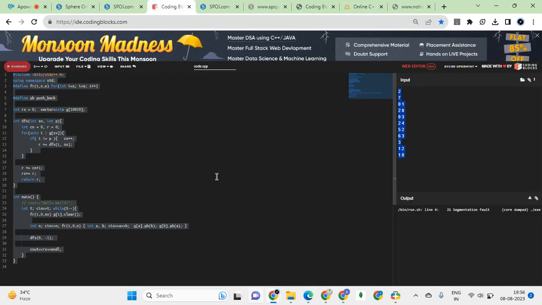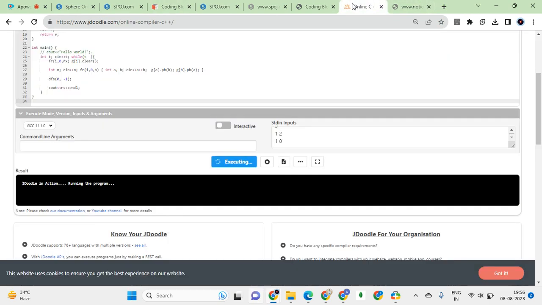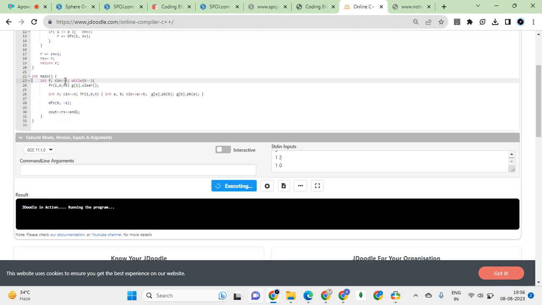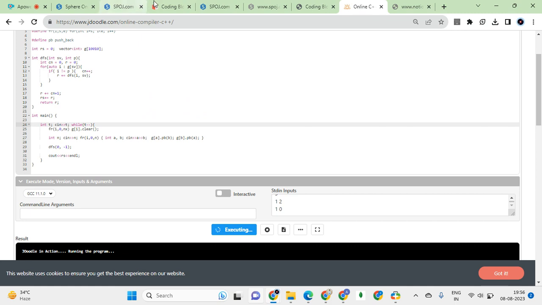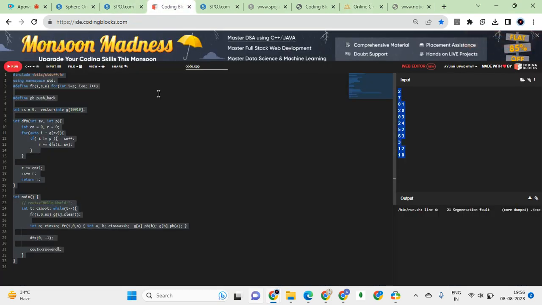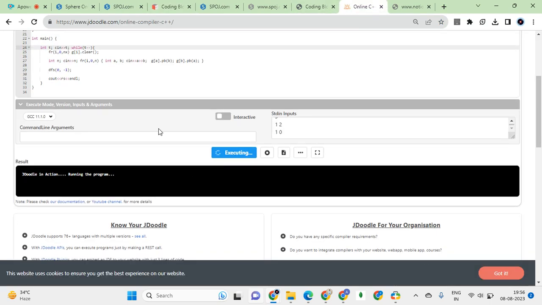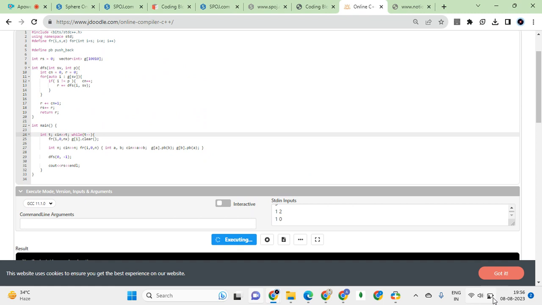Both are in action. Zoodle in action. Zoodle is faster, I feel. Again, what was the issue? I don't even see. Zoodle can give me issue, right? Okay, let me bring the charger first. Okay.